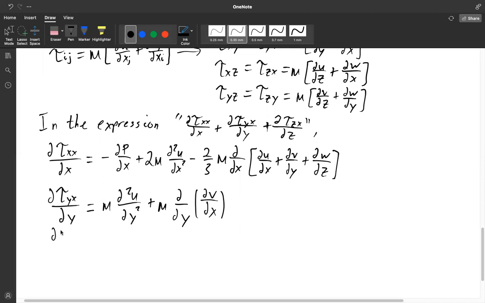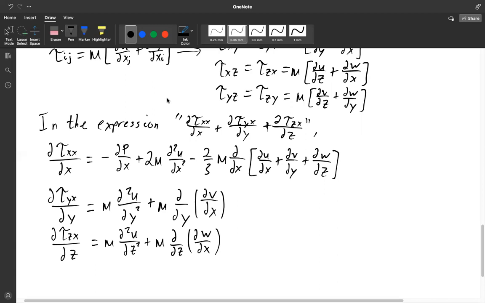And lastly, partial tau zx partial z equals mu partial squared u partial z squared plus mu partial z of partial w partial x.